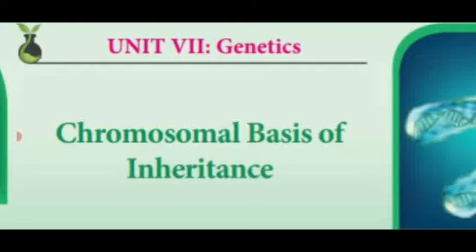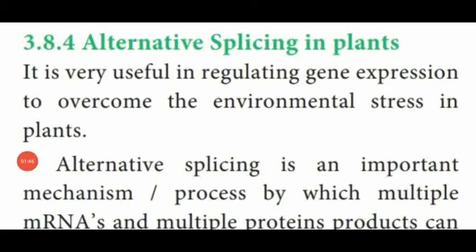Now we are going to see alternative splicing in plants. Dear students, alternative splicing in plants is a very important process which regulates gene expression to meet environmental stress problems. That is the process known as alternative splicing in plants.